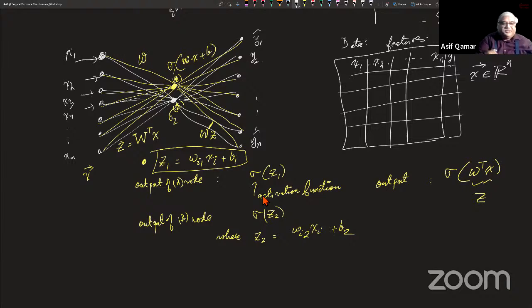But in any case, suppose x goes in, the x vector goes in, think about it, and it gets multiplied by w, so it becomes z. Look at the information flow. W dot x. I'm just ignoring the indices here, so let me write it in terms of a dot product.